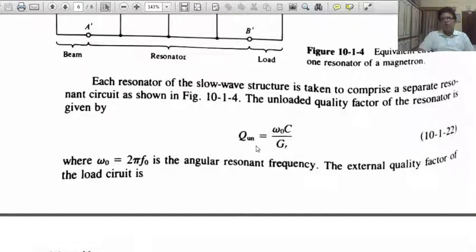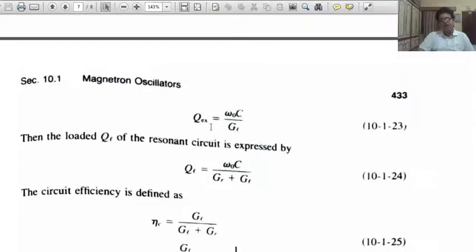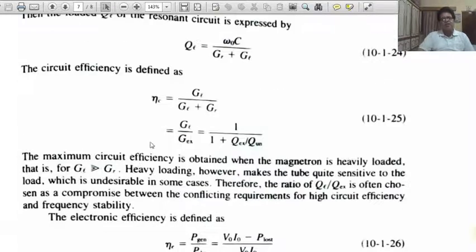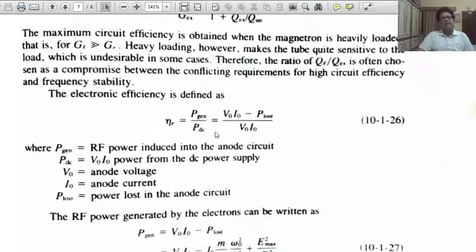Q unloaded is given by omega 0 C upon Gr, omega 0 equal to this, Q external is given by omega C upon GL, and QL is given by this, and the circuit efficiency you can easily calculate like that. The efficiency is given by P generated upon P DC, which is V0 I0 minus P lost upon V0 I0.